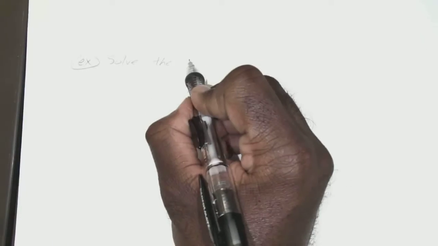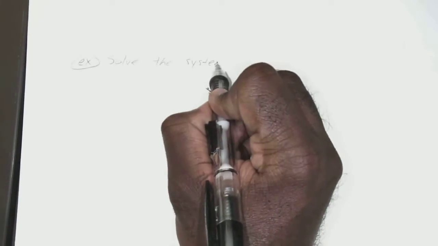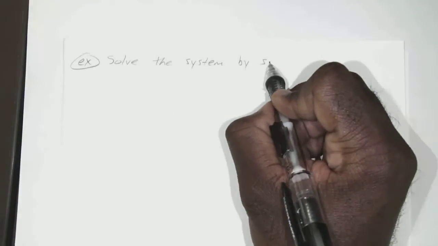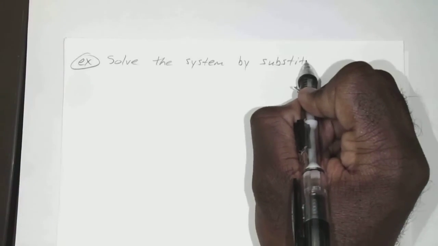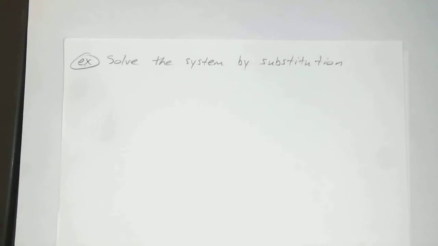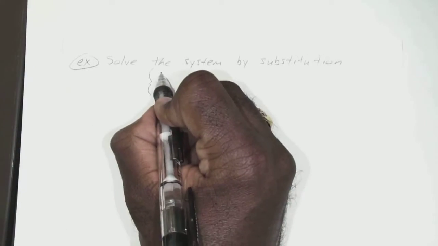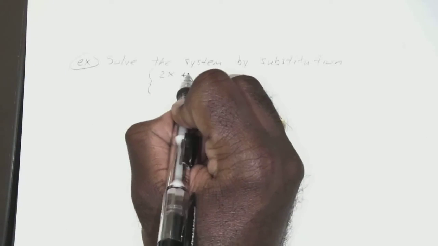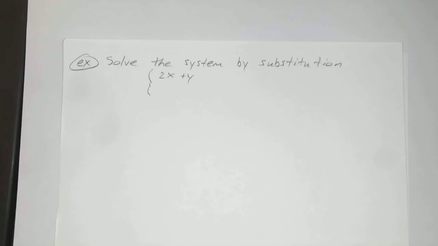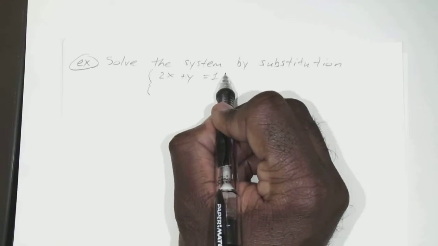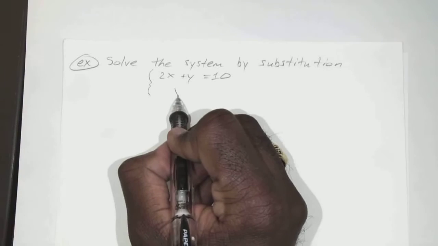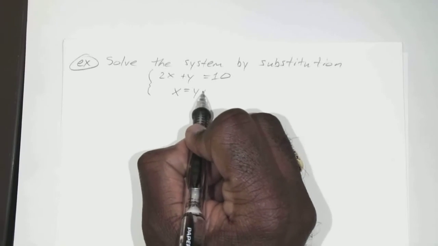Okay, so let's say, for example, we want to solve the system by substitution. Let's say we have 2x plus y equals 10, and x equals y plus 2.